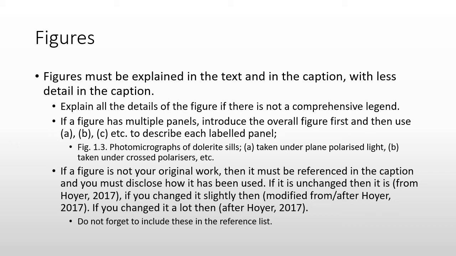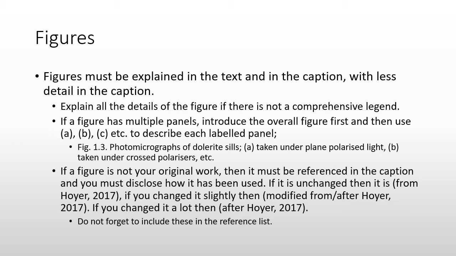When you are referring to a figure in the text and you only want to refer to one panel, you have to refer to figure panel A before you refer to panel B. And this goes for all figures. So if you have 4 figures in your introduction, they should appear in the text in the same area where the figure reference is occurring.